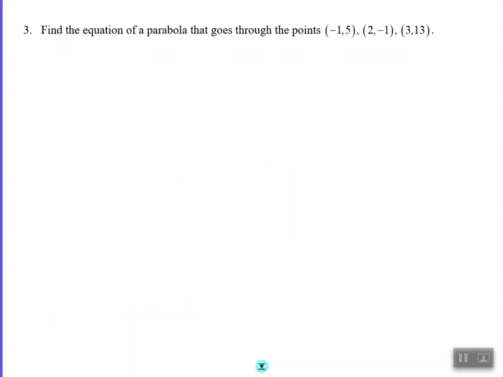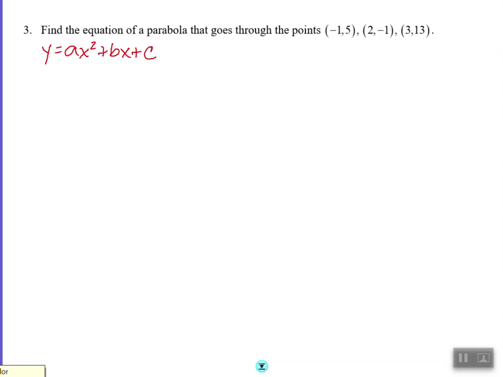Next, we want to find the equation of a parabola that goes through the points (-1, 5), (2, -1), and (3, 13). Well, the equation of a parabola is y equals ax squared plus bx plus c. I'm going to take each of these points, plug in the x and y values, and end up with a system of equations where I have 3 equations and I'm solving for a, b, and c.